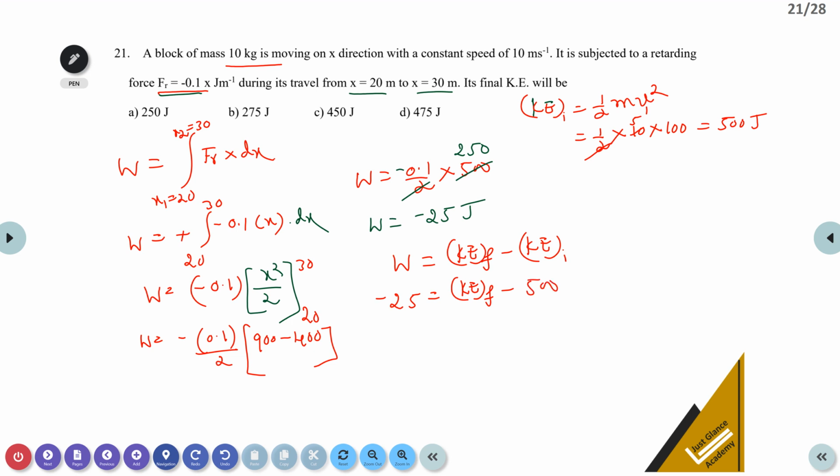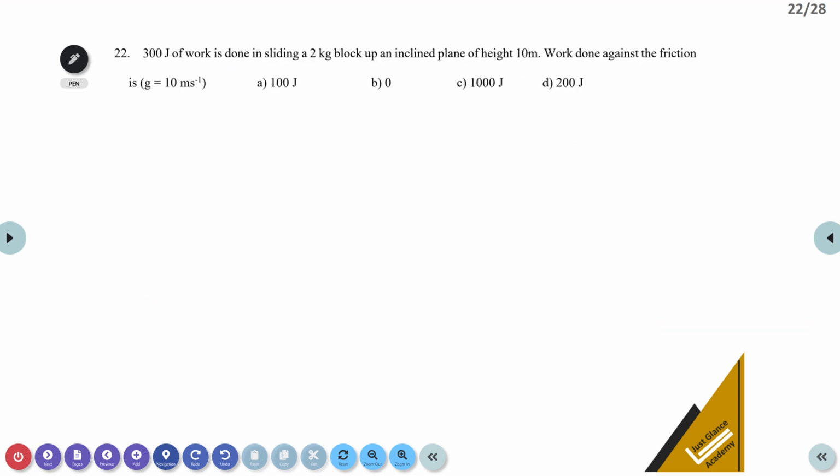So transferring this data, kinetic energy final equals 500 minus 25, which is 475 joules. This is the answer. These are 2-3 problems I did in this test where work done has to be calculated from the variable force.